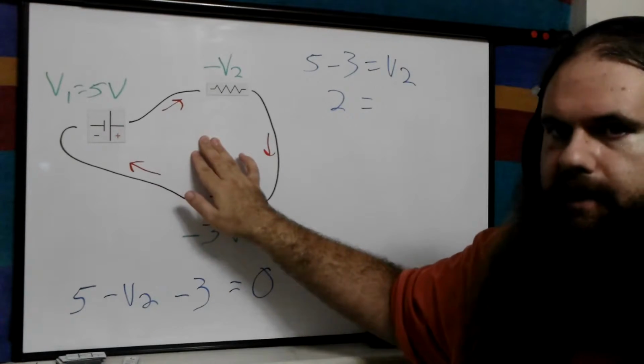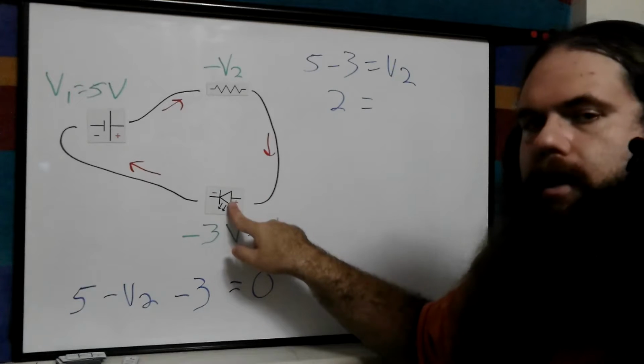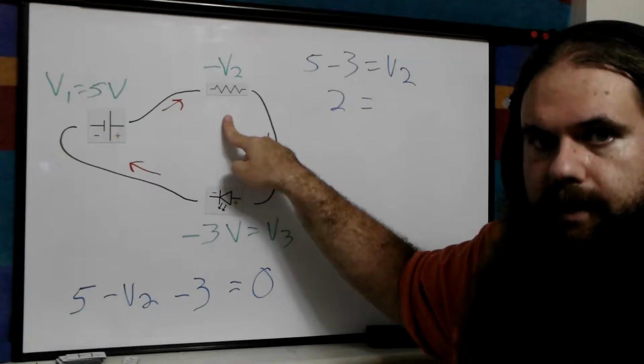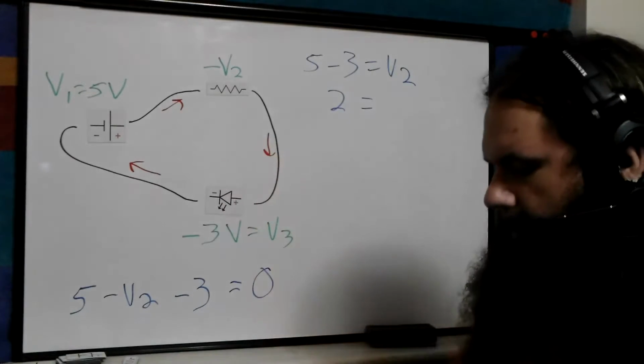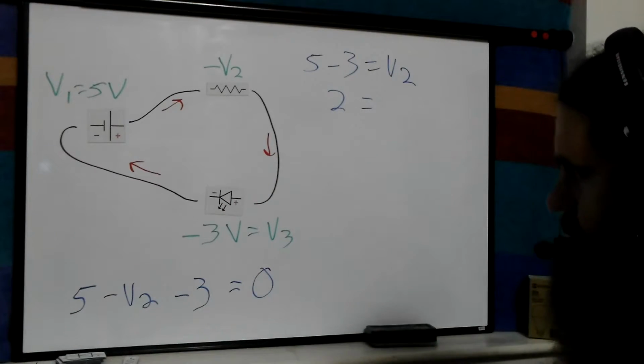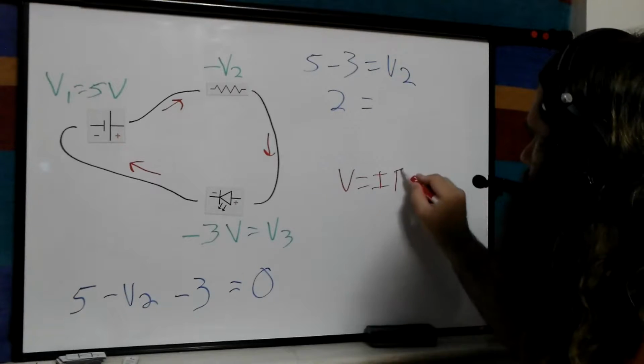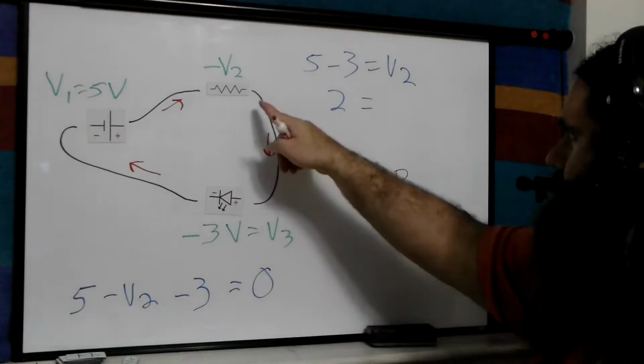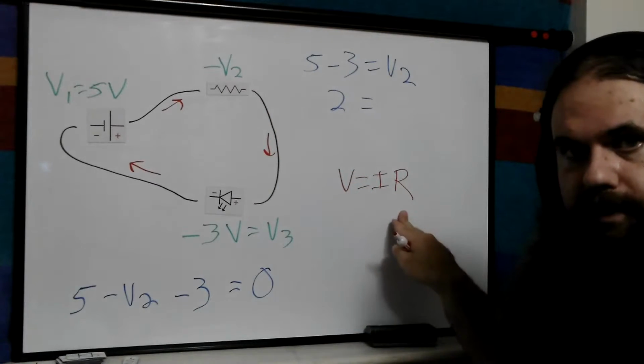But this is great for when you're trying to do things like, I want this LED a certain brightness. How much voltage do I need across this resistor? And using Ohm's law, V equals IR, we know the current, we know the voltage, which means we know the resistor value.